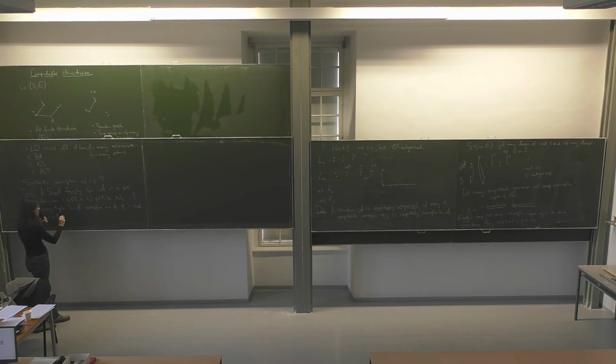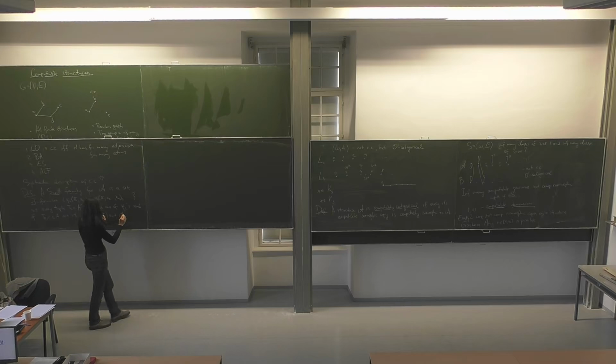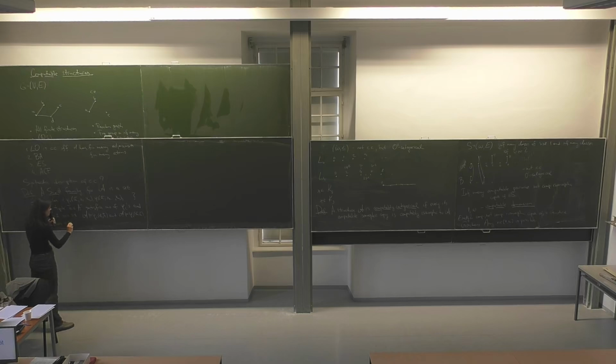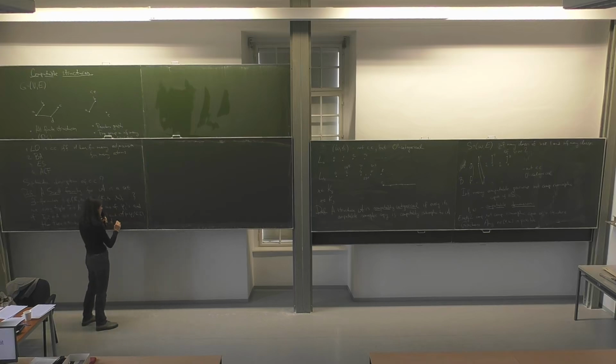If b and c from A are such that we have phi of a, b and phi of a, c, then there is an automorphism of A that sends b to c.